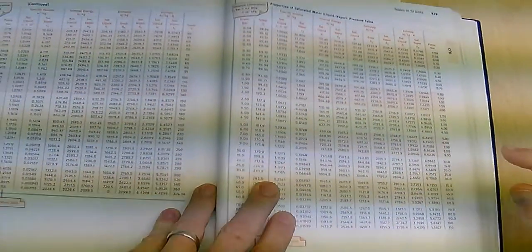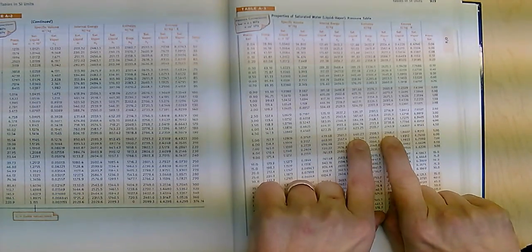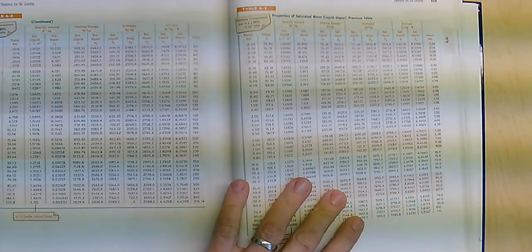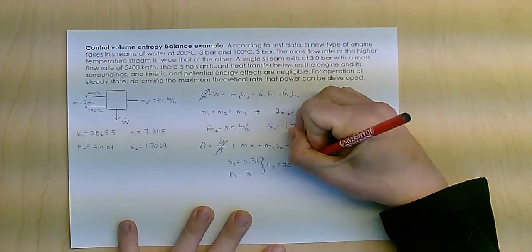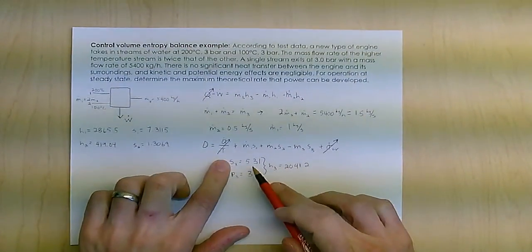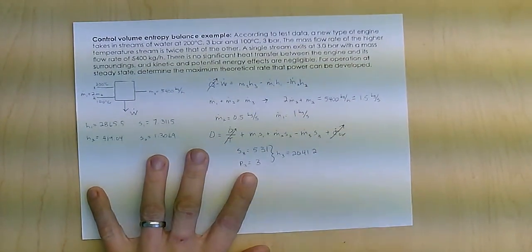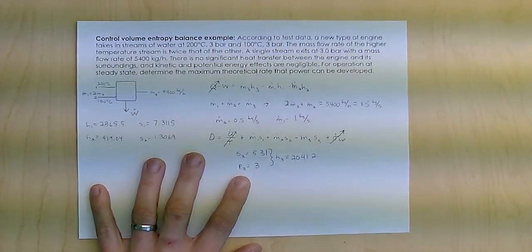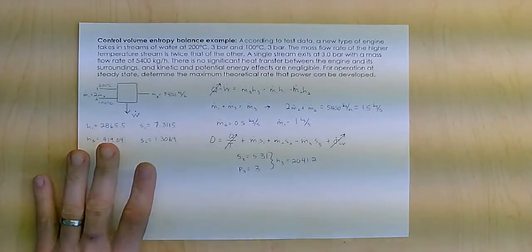Again, I'm at 5.31, so I'm in between there, which means I'm in between here, between 640 and 2700. When I do the interpolation, I find that I get 2041.2. Again, I know this because I found S3, I know P3, interpolating in the saturated table between 1.6 and 6.9 for my S's. I then interpolate between my H values to get that H value.